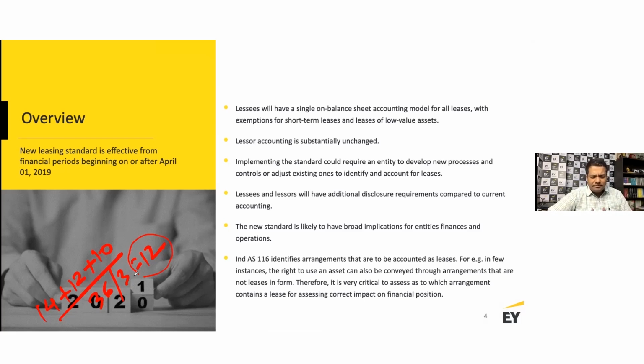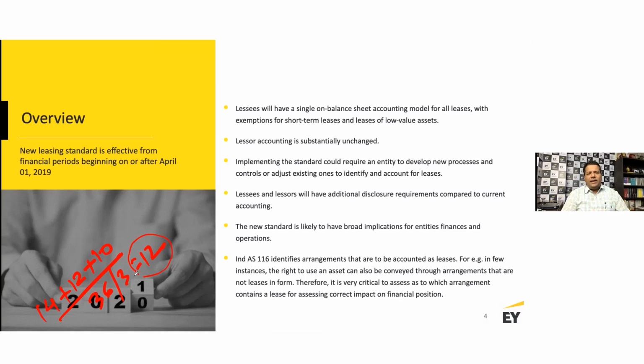So from a company perspective, your debt equity may undergo a change, your interest coverage ratio may change, your EBITDA, which is earnings before interest, tax, depreciation, and amortization, will change. Your profitability may change in respective years, though over the life cycle of the lease arrangement, your profitability will stay the same. But in the intermediate period, your profitability is likely to change, right?